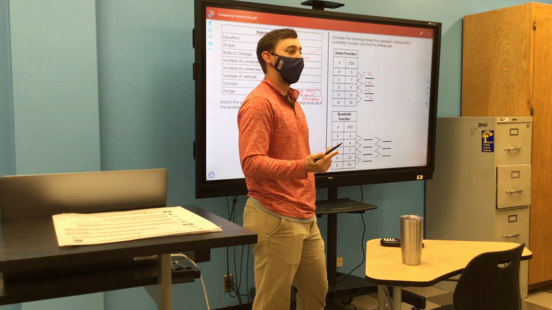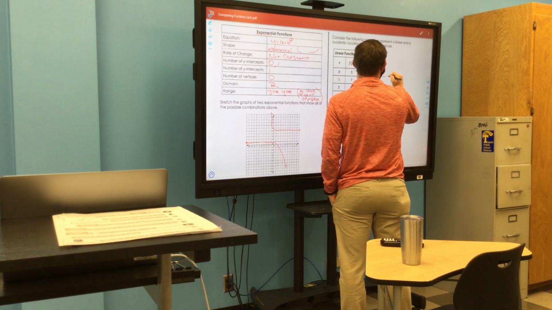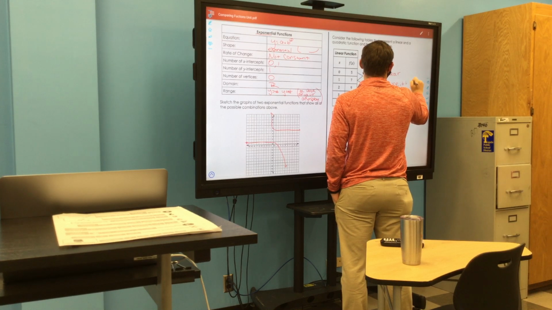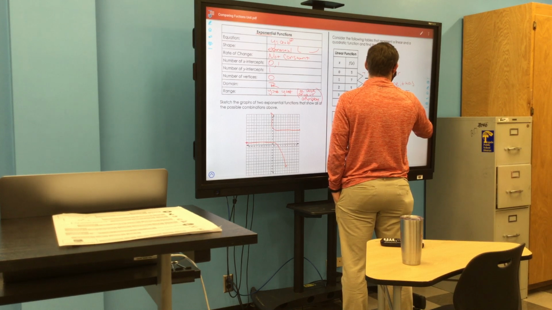Why? Linear because it has a constant rate of change. That's what's important, constant rate of change.